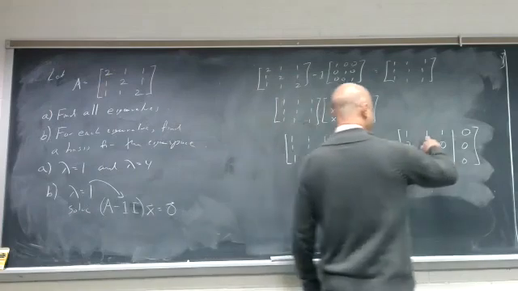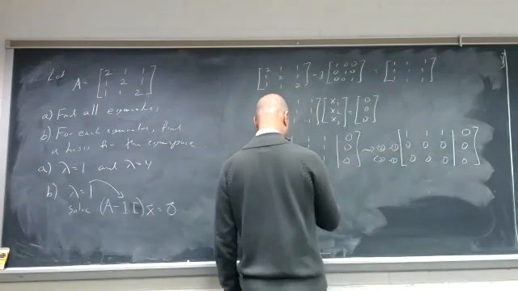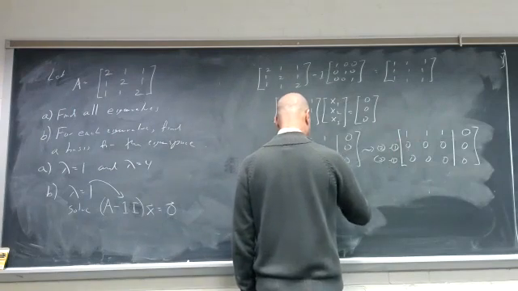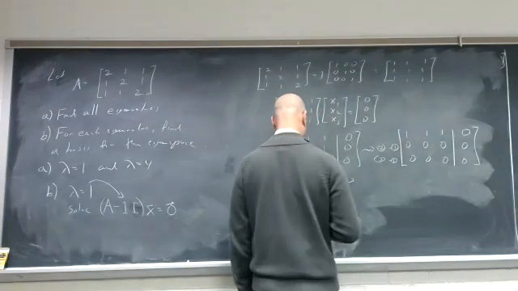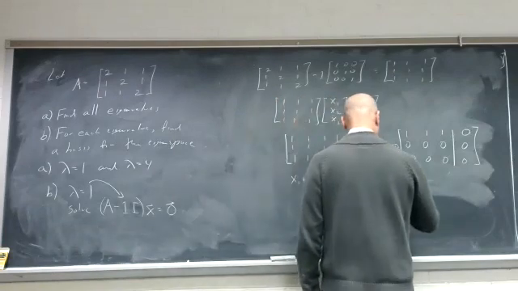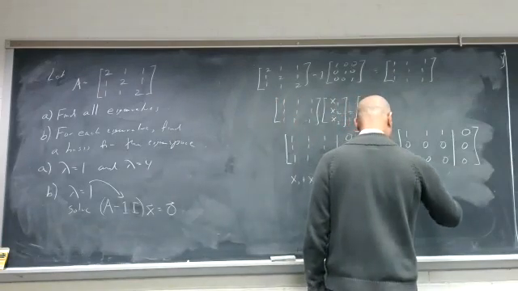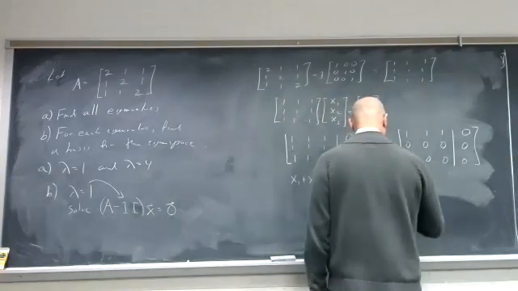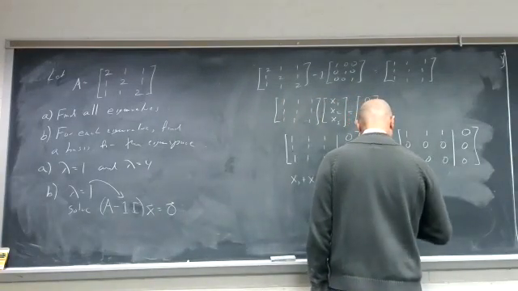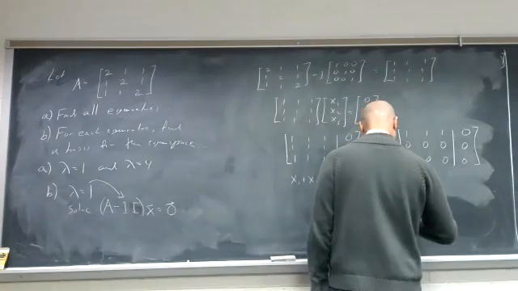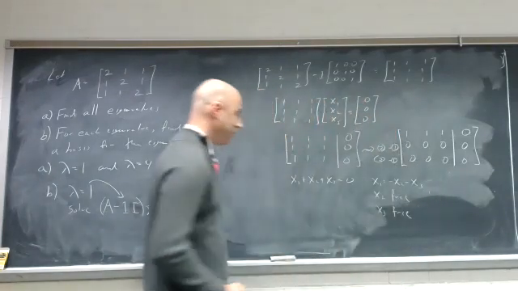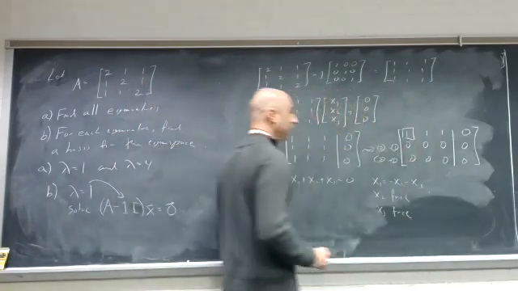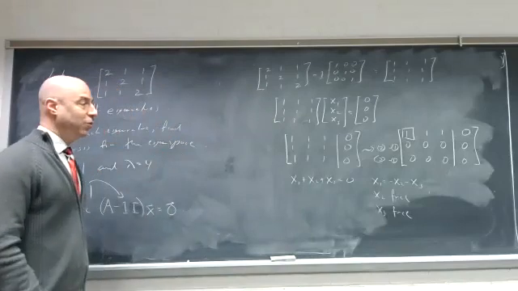And so we have the first row says x1 plus x2 plus x3 equals 0. In other words, x1 equals minus x2 minus x3, getting the x1 by itself. And x2 is free, and x3 is free. There's only one pivot position, only one leading entry.